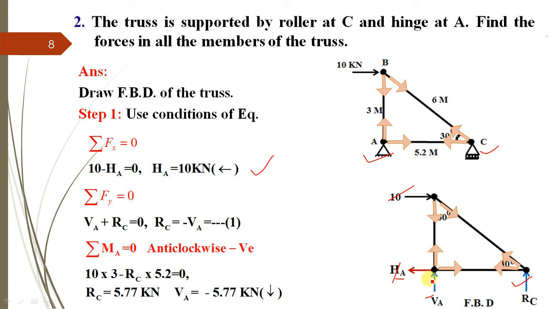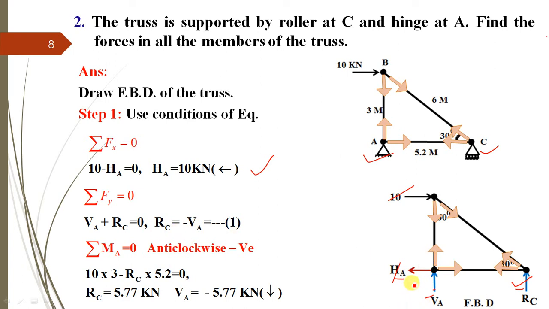Okay, now external forces: this is VA, this is RC. So only two forces. So VA plus RC is equal to 0. It indicates that VA is equal to RC, but in the opposite sense. So RC is equal to minus VA. Now we don't know the values of VA and RC.